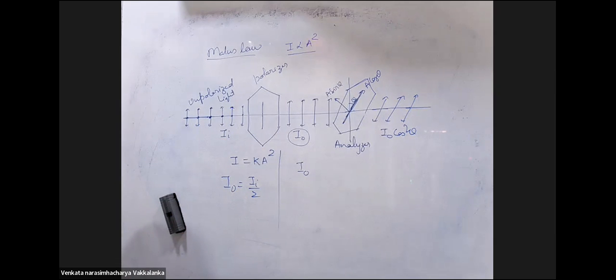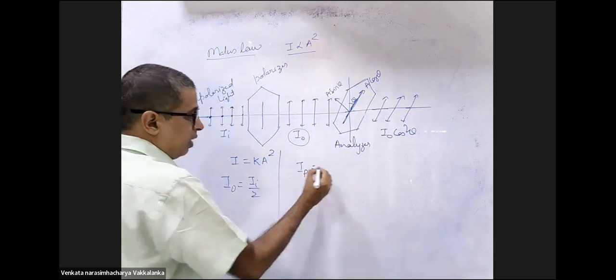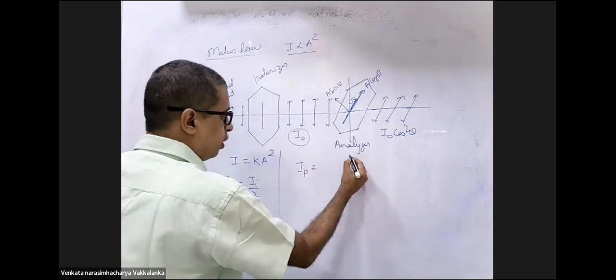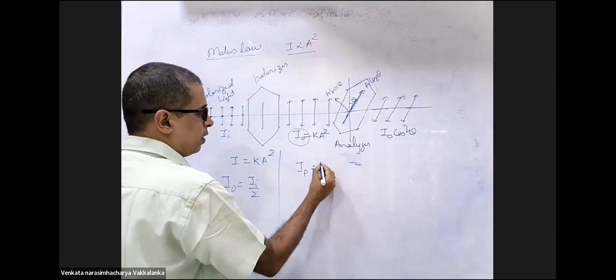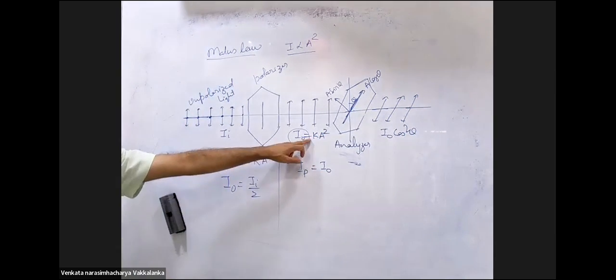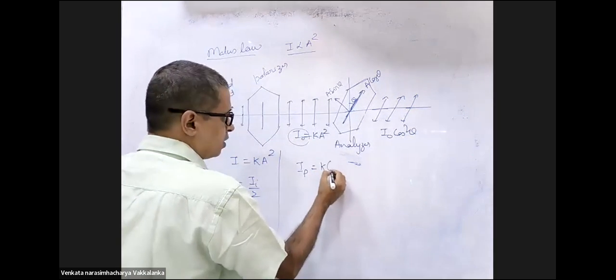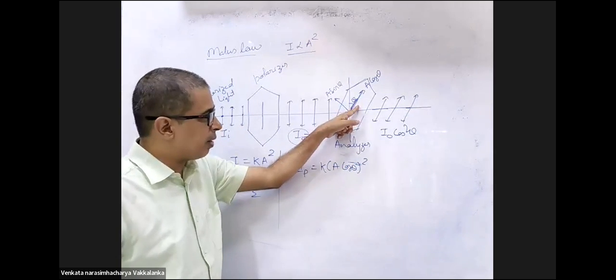Now, I after polarization will be equal to, this was originally I naught. I naught is equal to Ka square. Now Ka square becomes K into A cos theta whole square. Understand what's happening here?